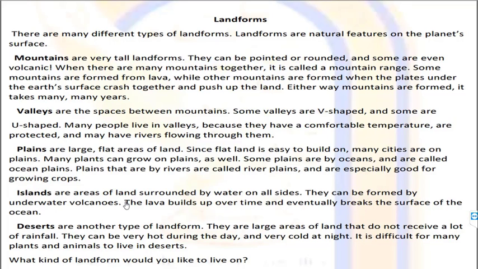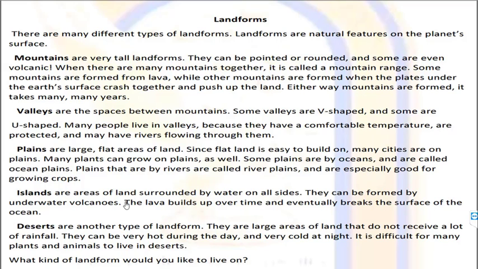What's the title of the text? What's the title of our text today? Just now, look at the title, look at the first and the final paragraph. You will definitely understand the main idea of the text. The title of the text is landforms.